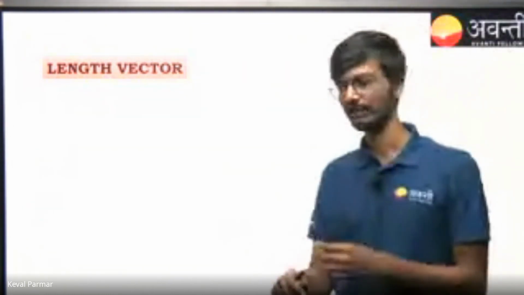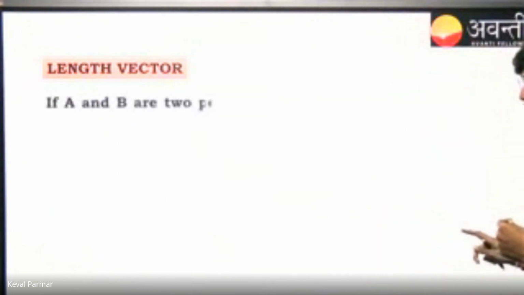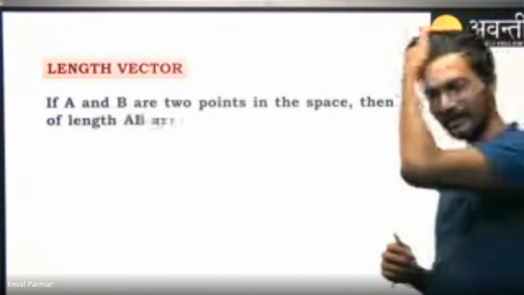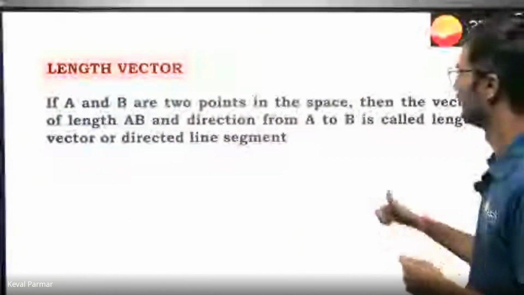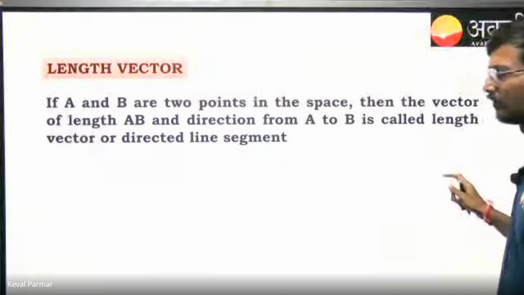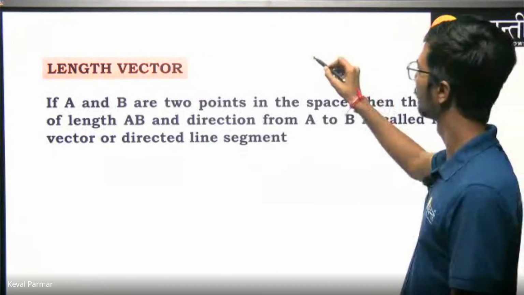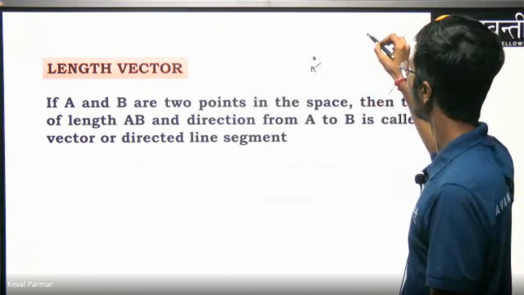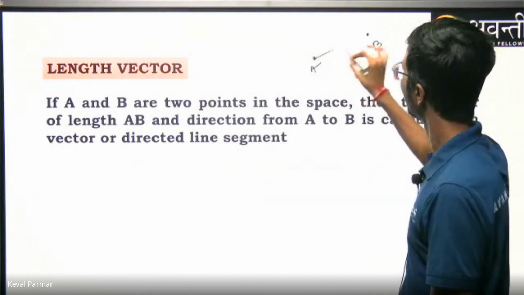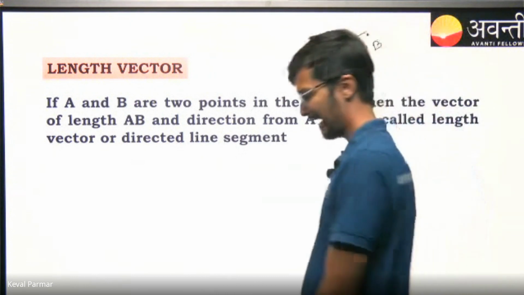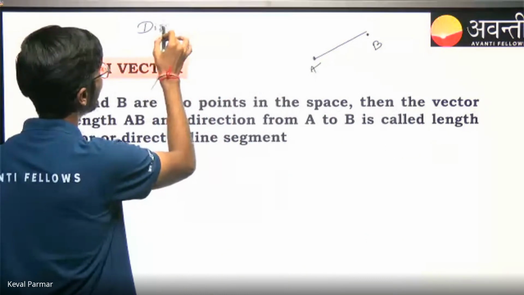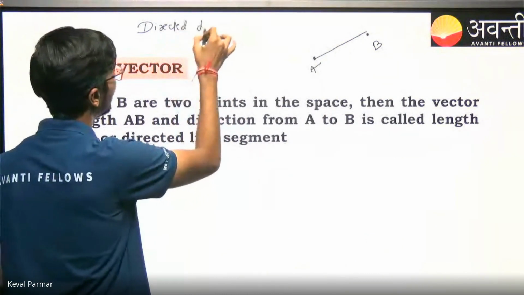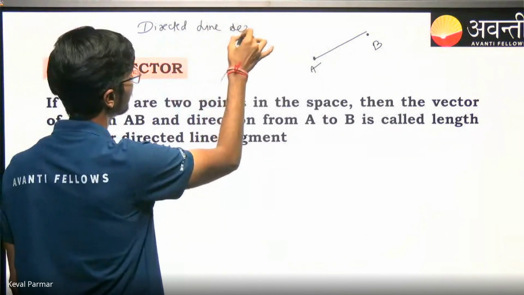Let's move on to the next part, which is length of a vector. So what is length of a vector? If I have 2 points in space, A and B, and the direction of the vector is from A to B. So suppose I have point A and I have point B. In mathematics, I define a vector as a directed line segment.